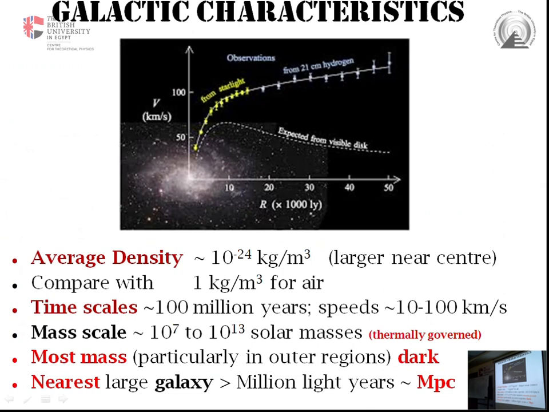This one is easy. You have the velocity of rotation of a galaxy like the Milky Way in kilometers per second, and you have R in light years or kiloparsecs or whatever. You make a plot, V versus R. And if we take only the visible mass here, it will start going down.